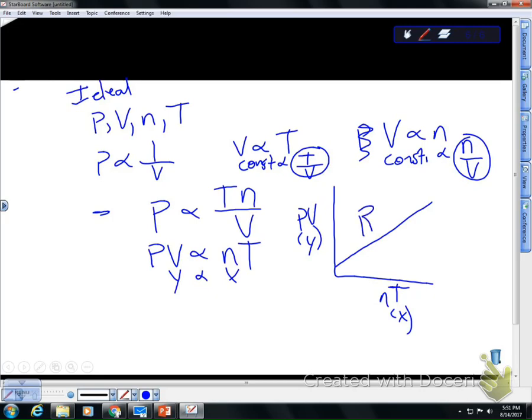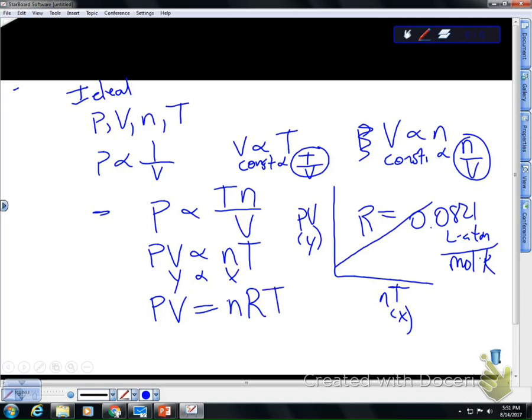A value is a constant that we call R. And R has lots of different units, but we call it 0.0821 liter atmospheres over mole K. And of course the value of R can change if you change that pressure unit. There's lots of different values for R, but that's just a typical one. So if we replace this now, PV is no longer proportional to, it is actually equal to NRT if we put our R in.